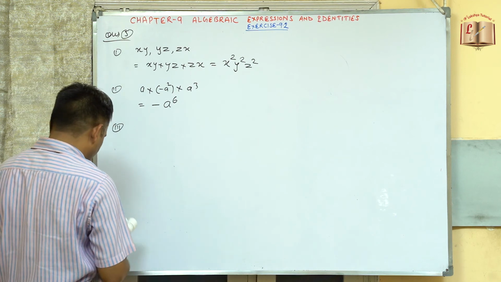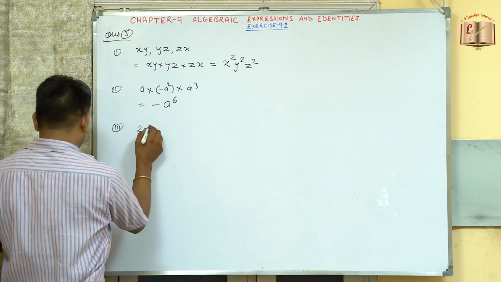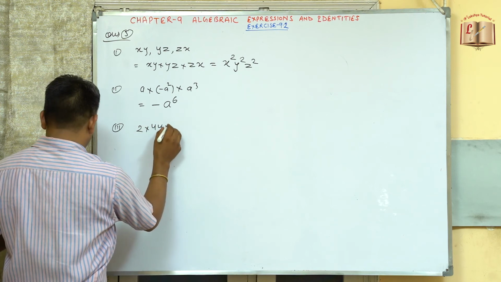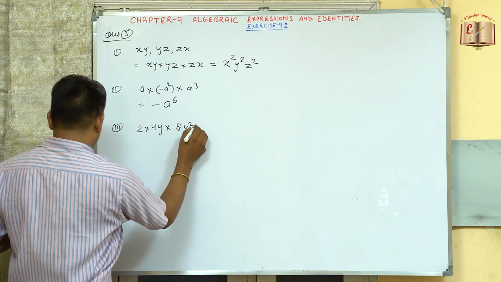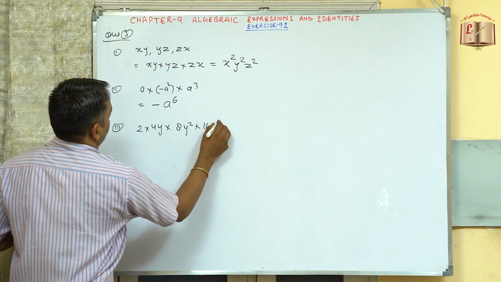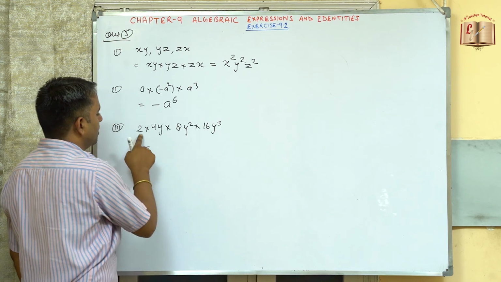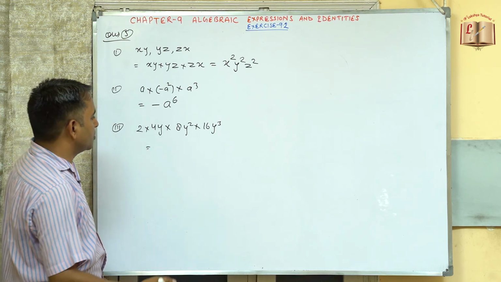Coming to the third one, this is 2 into 4y into 8y square into 16y cube. So this will be equal to, first of all we will multiply these coefficients.